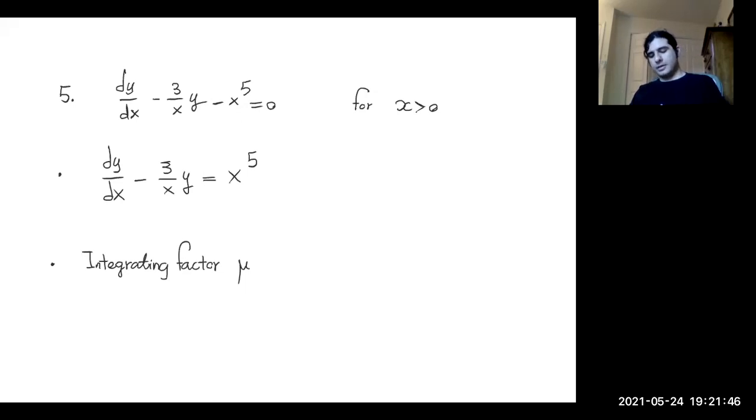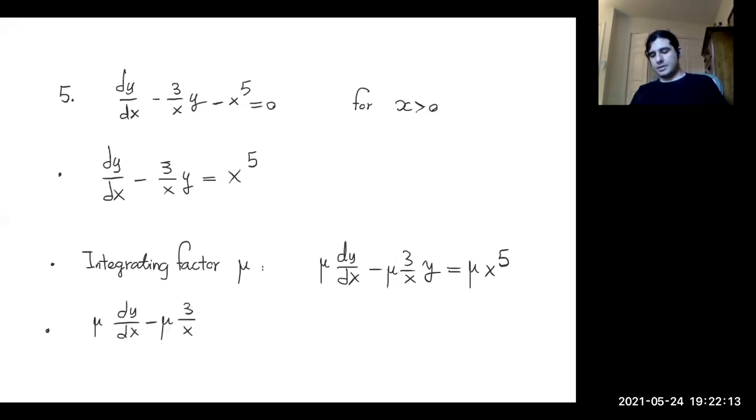I would multiply everything by mu. So I would get mu dy dx minus mu times 3 over x y is equal to mu times x to the 5. As we saw in the previous example, we like the left-hand side, mu dy dx minus mu 3 over x y, we like this to be equal to d of mu y dx.